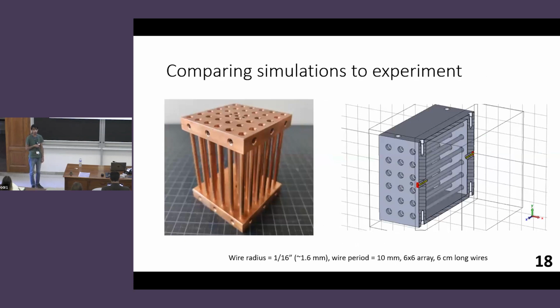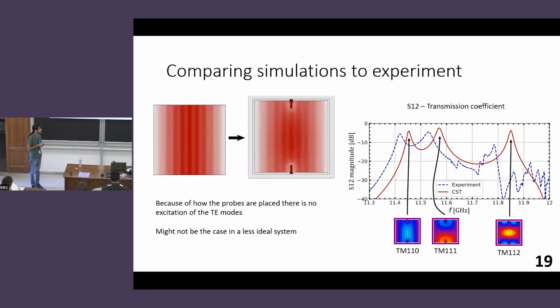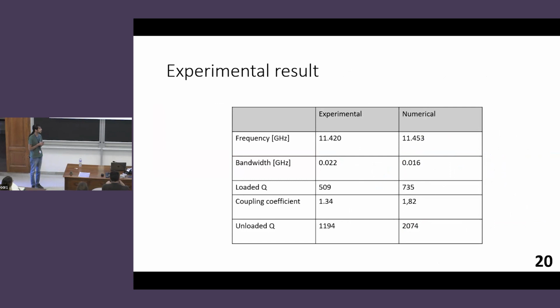So the next step was obviously to try and prove that experimentally. And here are some of the results. Can just skip to the next slide, I think. So we aren't able to go quite to the numerically predicted value of the quality factor, but we are able to show that this idea that the quality factor doesn't go down more than an order of magnitude compared to an empty cavity does seem to hold.